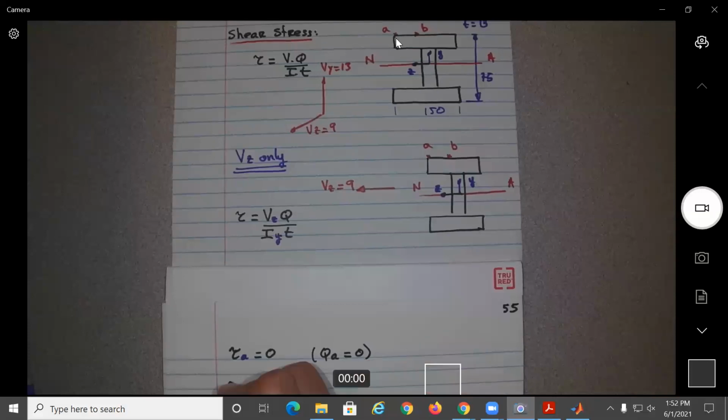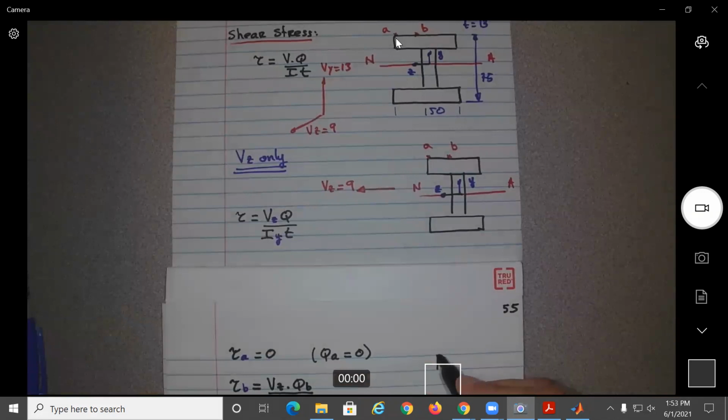Now, point B. This will be V of Z, Q sub B, divided by I sub Y times T. Okay, I'm going to redo the figure.